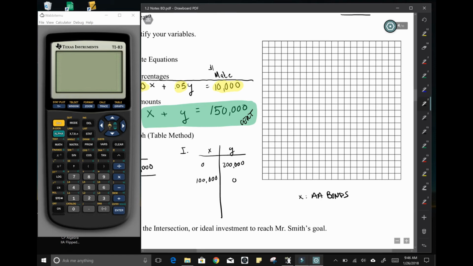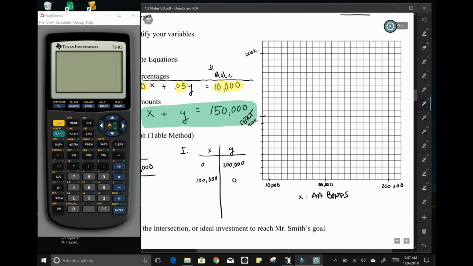Now, as far as the scaling goes, I believe every 1 is 10,000. So 10,000, 20, 30, 40, 50, 60, 70, 80, 90, 100, and the same going up, 100, 200.